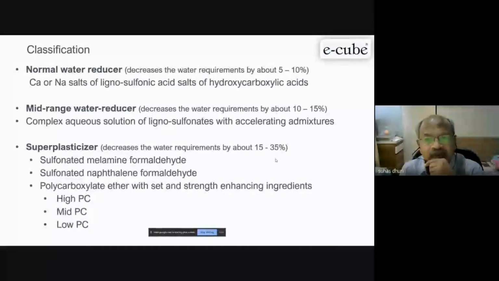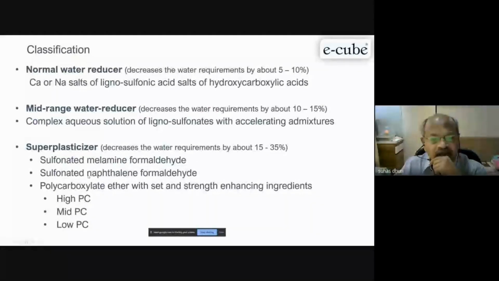A huge amount of water reduction is possible with this type of admixtures today. Because of the way we are working with concrete today, using crushed stone sand having a lot of fines, that created a lot of water demand. Now that water demand can be reduced with these admixtures. So we have sulfonated melamine formaldehyde, SMF.